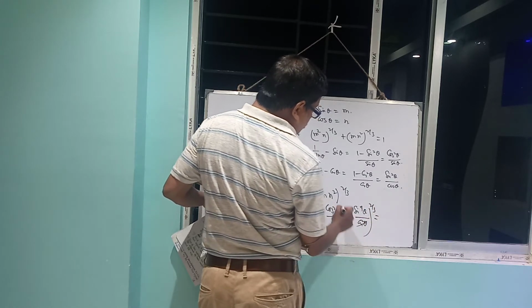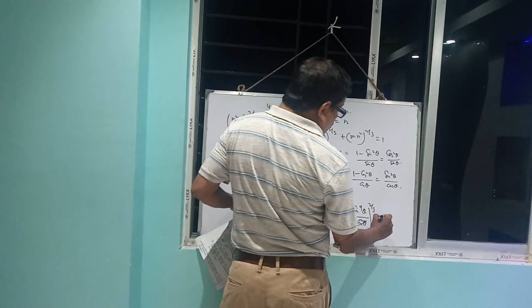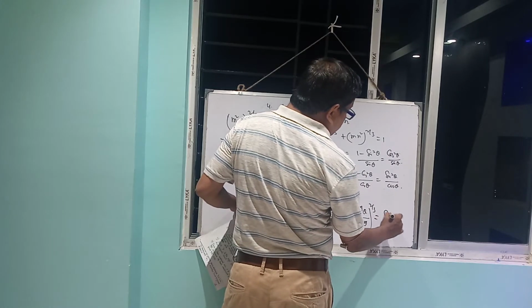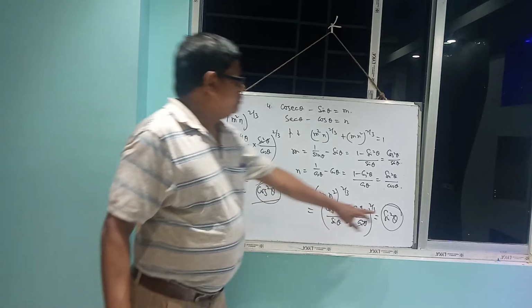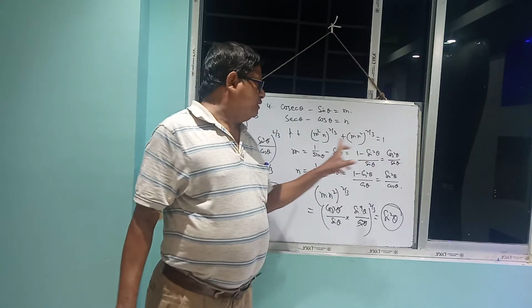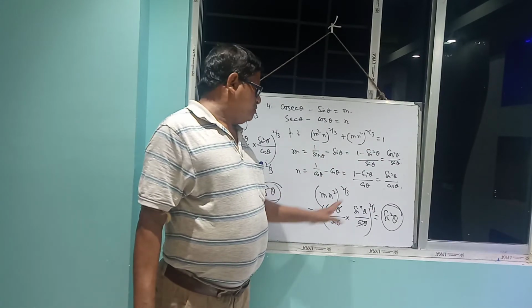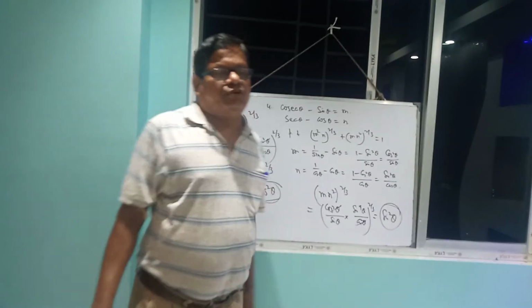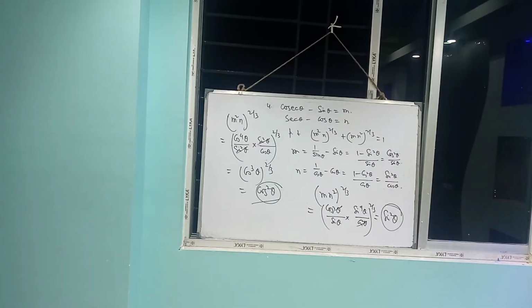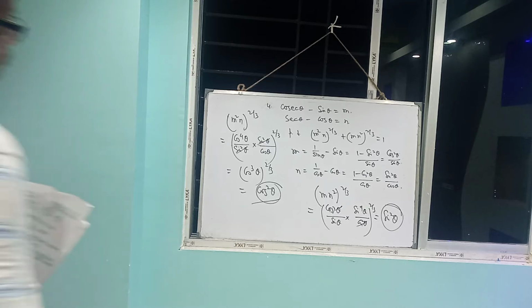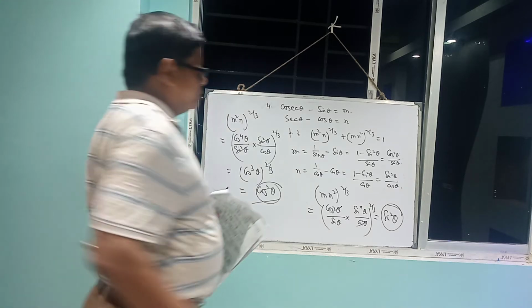Cos square cancels, sin cube theta whole 2/3 will be sin square theta. This is sin square theta, this is cos square theta. Add: sin square plus cos square is 1. So left hand side equals cos square theta plus sin square theta, which is equal to 1.